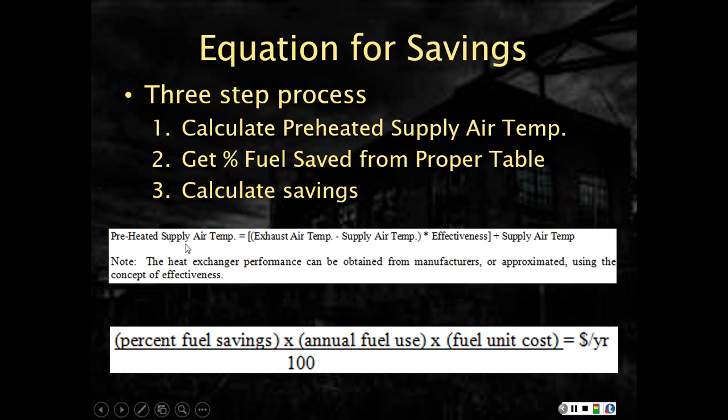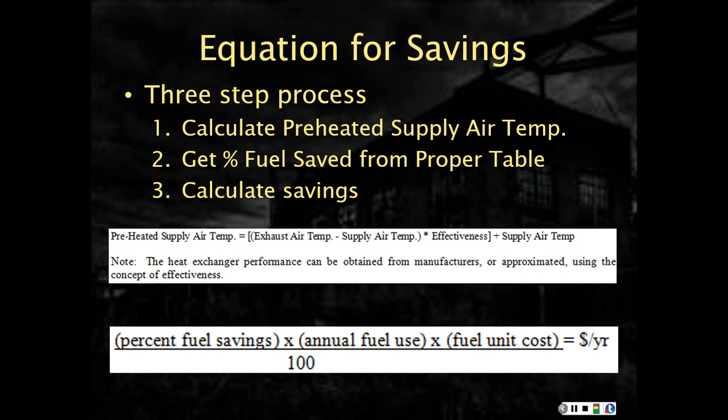Now what we're going to need there is the exhaust air temperature coming off the boiler initially, and the initial supply air temp, which is whatever the temperature of that combustion air is where it's pulling it from. This is multiplied by an effectiveness number.